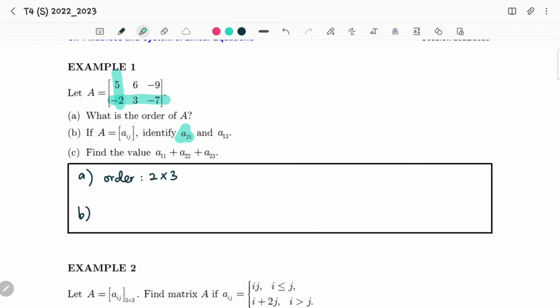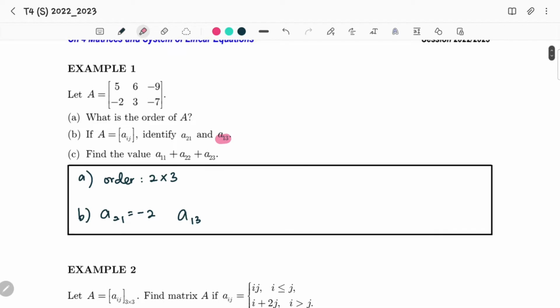This is the entry that we want, -2. a21 is equal to -2. And then a13, you have to focus on the first row and third column. So the entry is -9.